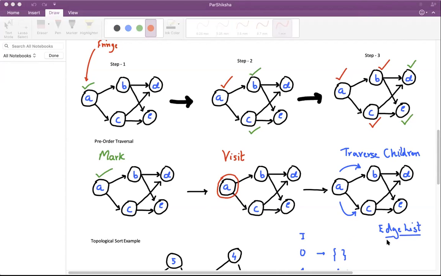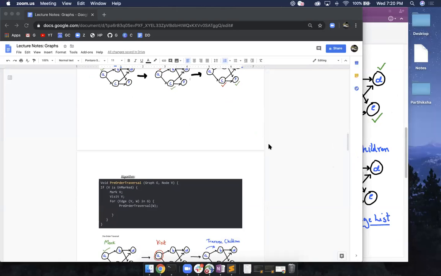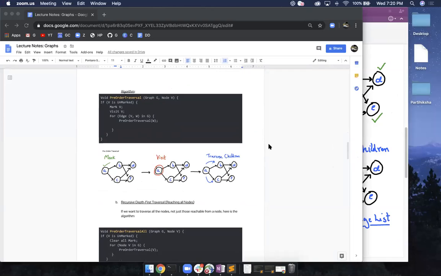So the idea is that of a pre-order traversal approach, which is just using this breadcrumbs approach of marking nodes and then moving forward. And in an algorithmic view, this is what ends up happening, right?